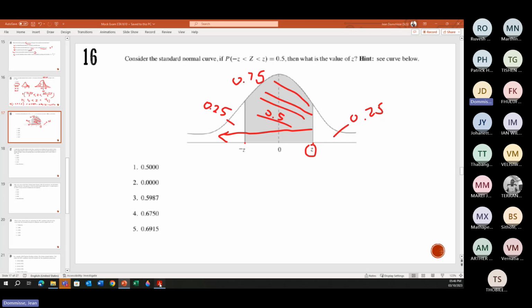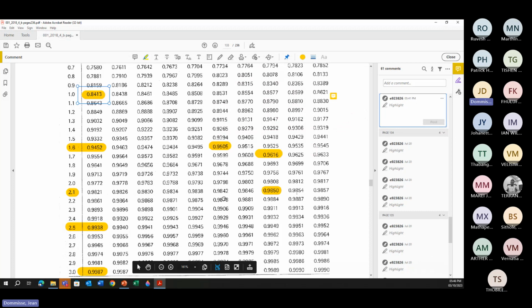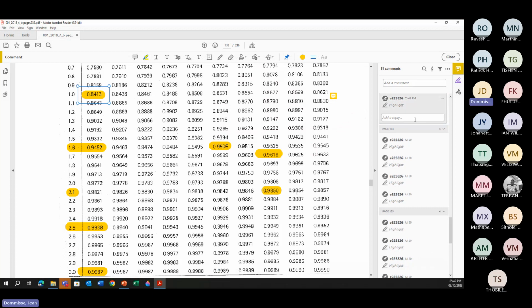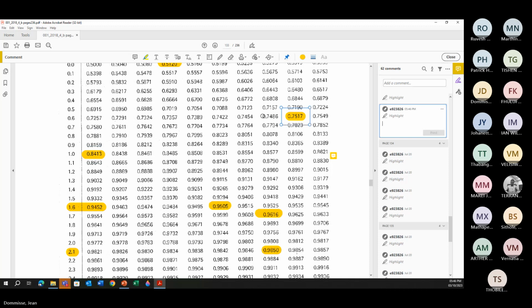So we go to the Z table. By reversing, we are looking for 0.75 in these numbers. Okay, so 0.75 in these numbers. So 0.7517, 0.7486.